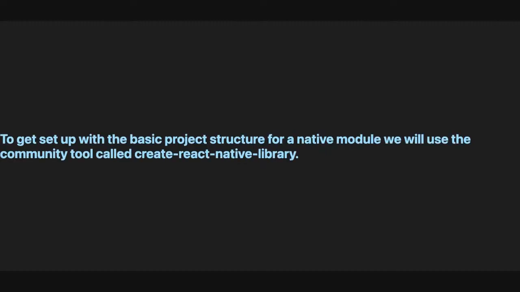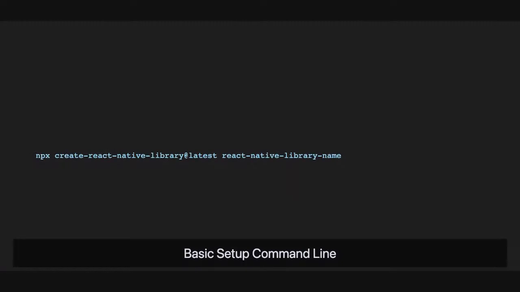Next we're going to talk about how to configure a React Native library for exposing the project structure for a native module. We will use the community tool called create-react-native-library. We give the command followed by the library name which you want to keep.